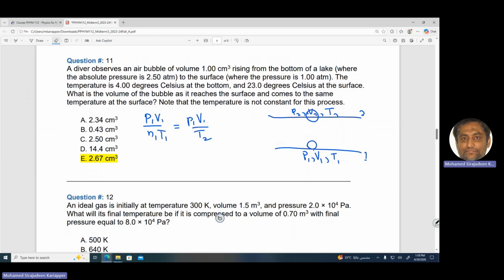But you are looking at an amount of air which is trapped in that bubble. That means N1 is the same as N2, same amount of air. And is there any other assumption? No. The question says the temperature is not constant.